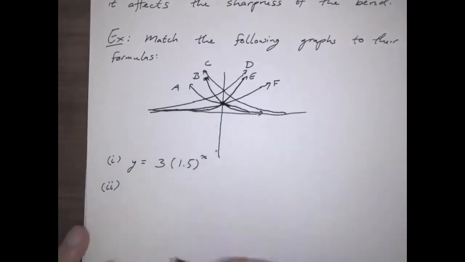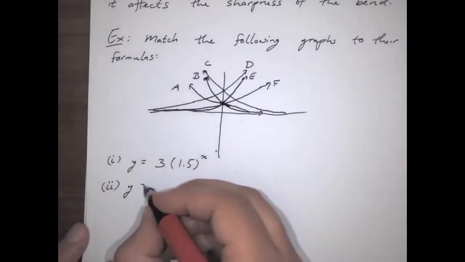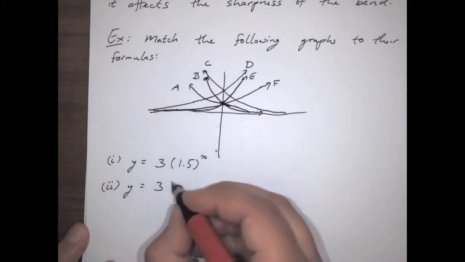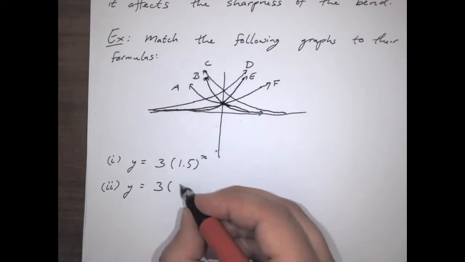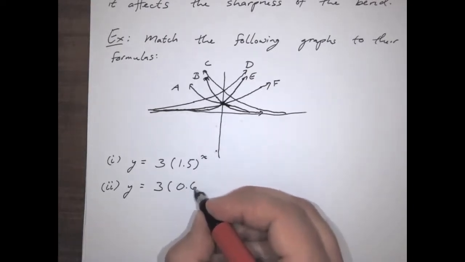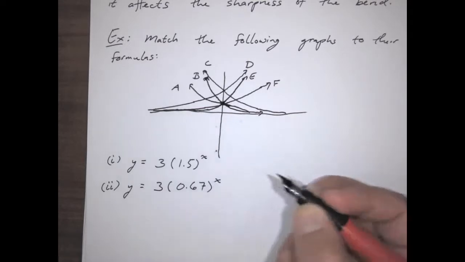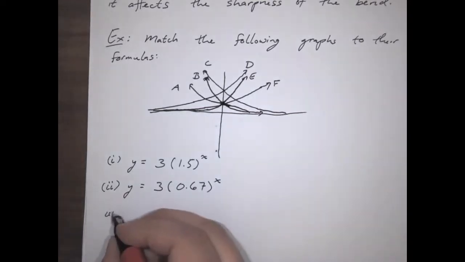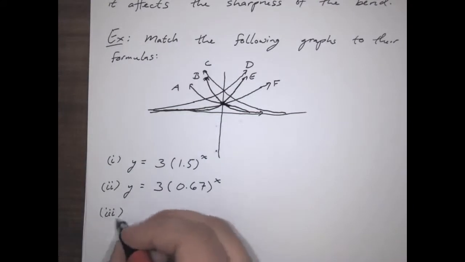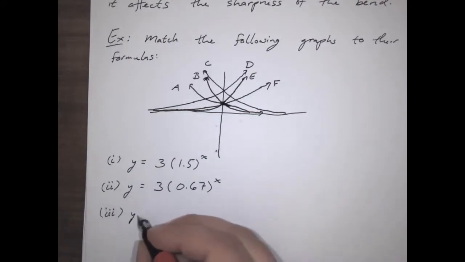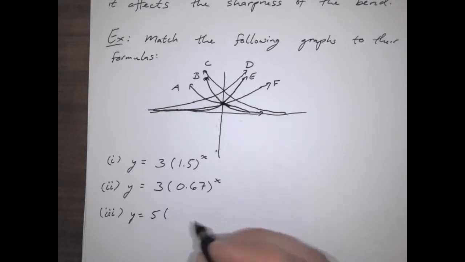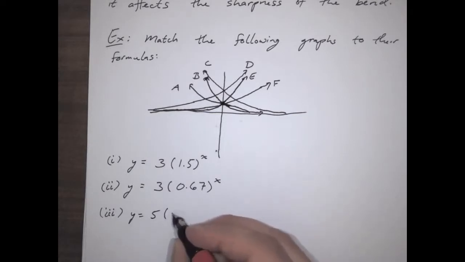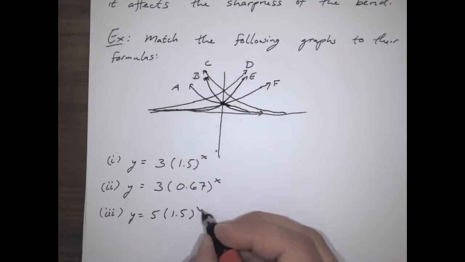Function number 2, let's say, is y equals 3 times 0.67 to the x. Function 3, let's say, is y equals 5 times 1.5 to the x.